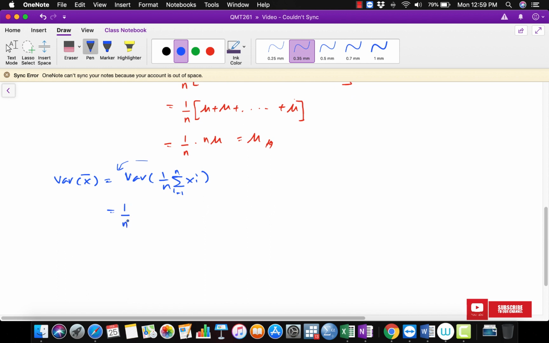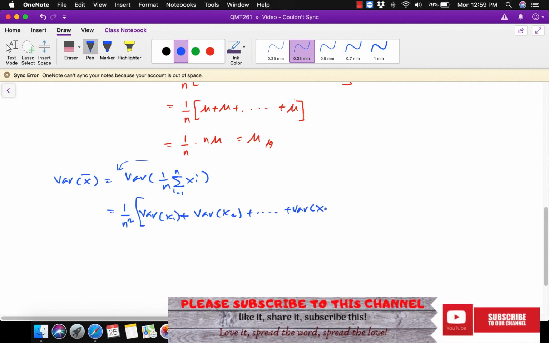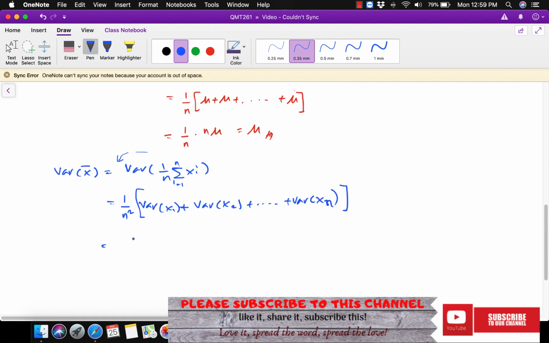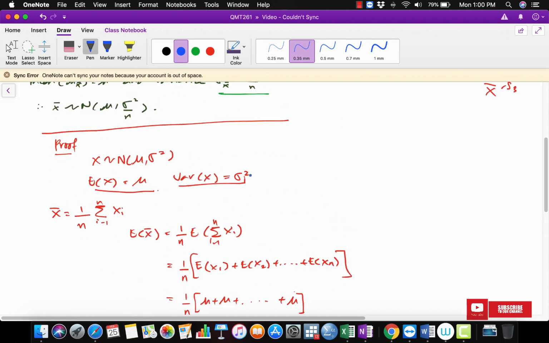So it's 1 over n squared times the variance of X1 plus variance of X2 plus until variance of Xn. It becomes 1 over n squared multiplied with n sigma squared, because the variance of X is equal to sigma squared.